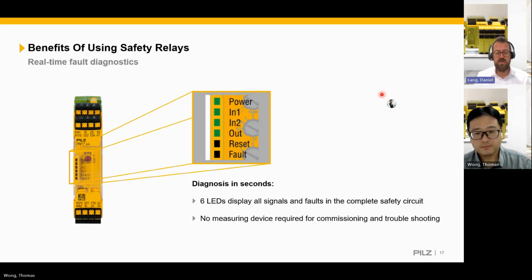And the built-in monitoring of the input channel, supply voltage, and the relay outputs is indicated by these LEDs, and this enables fast, real-time diagnostics, all without the need of an additional external measuring device. You see at a glance if it is working or not, or where to diagnose. And this is, of course, very time consuming if you have to do that, but the safety relay will help.